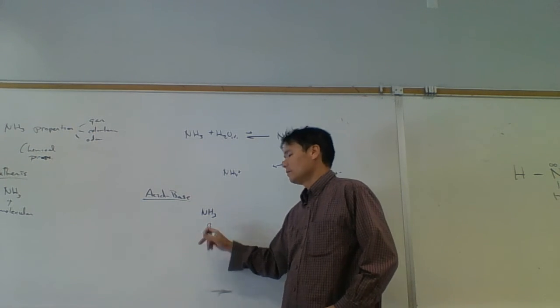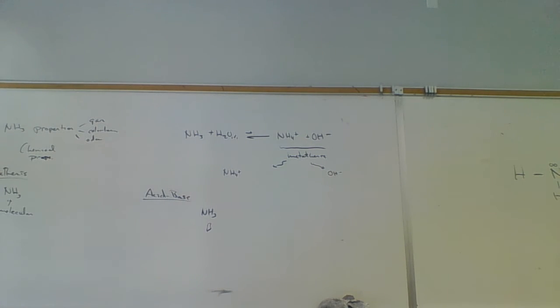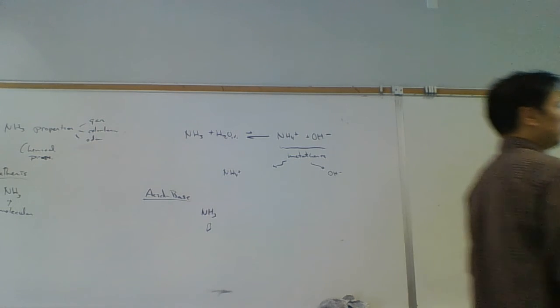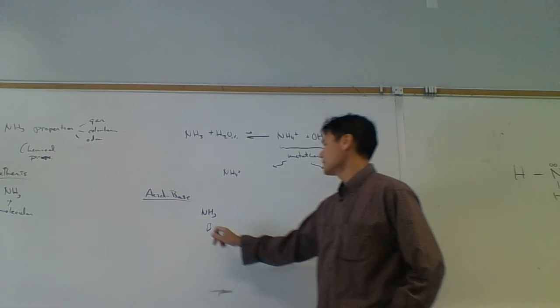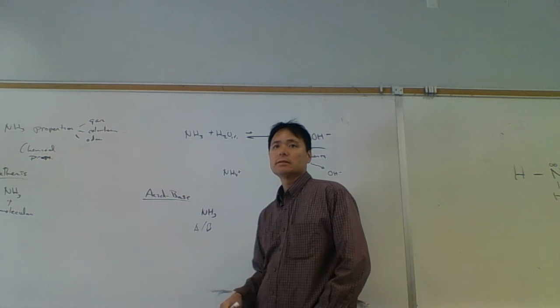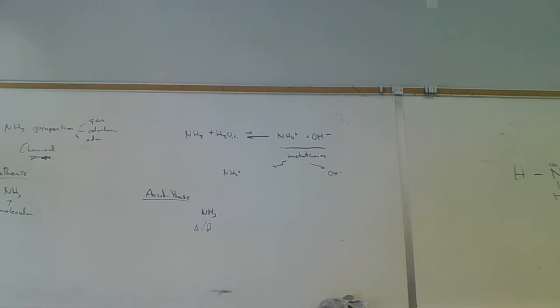But ammonia is a bit strange because if we scroll down this chart more, we also see that it's an acid. And so ammonia is what we call amphoteric. It's both an acid and a base. But it definitely has a bias.